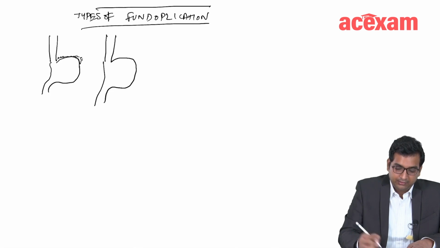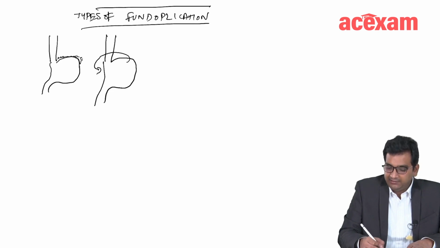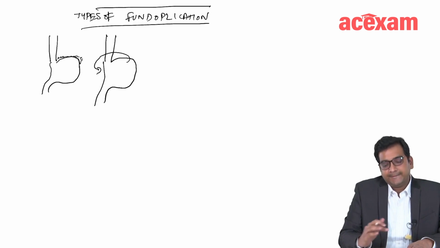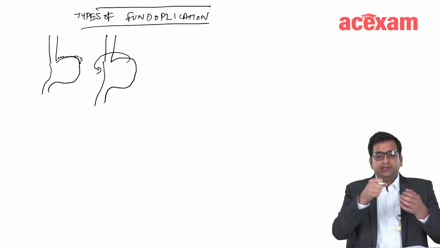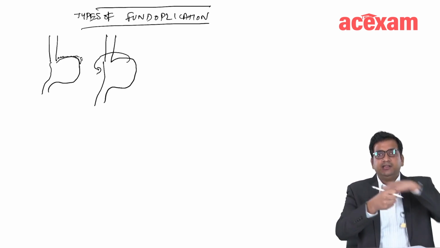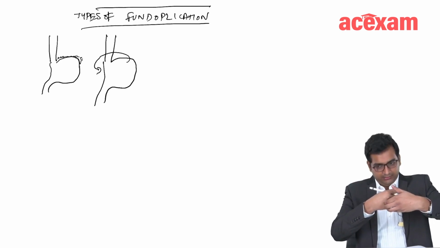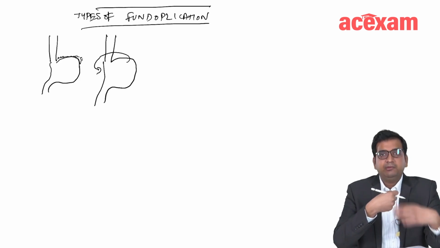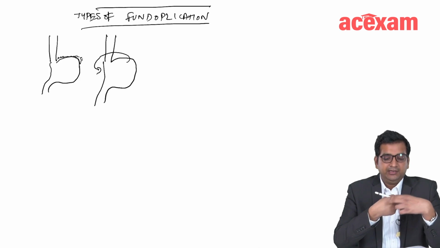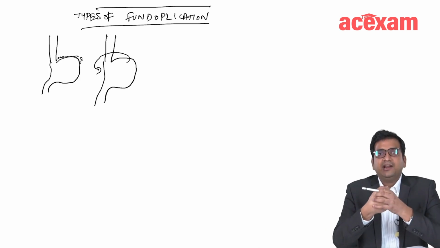Now, this fundus is taken either behind the esophagus or in front of the esophagus. You got my point? If this is esophagus, this is stomach, the fundus is either taken from behind the esophagus, and then there will be fundus on both sides of the esophagus, and then we'll join these two fundus together over the esophagus to form a wrap.